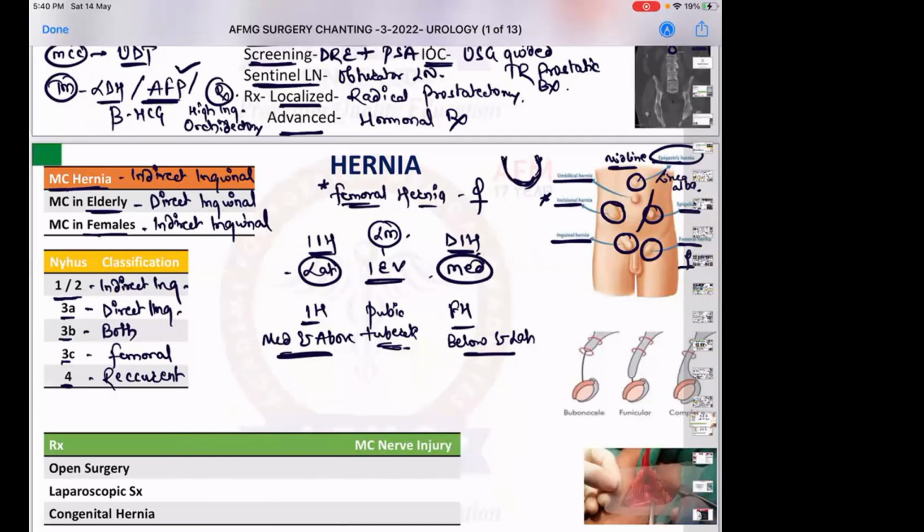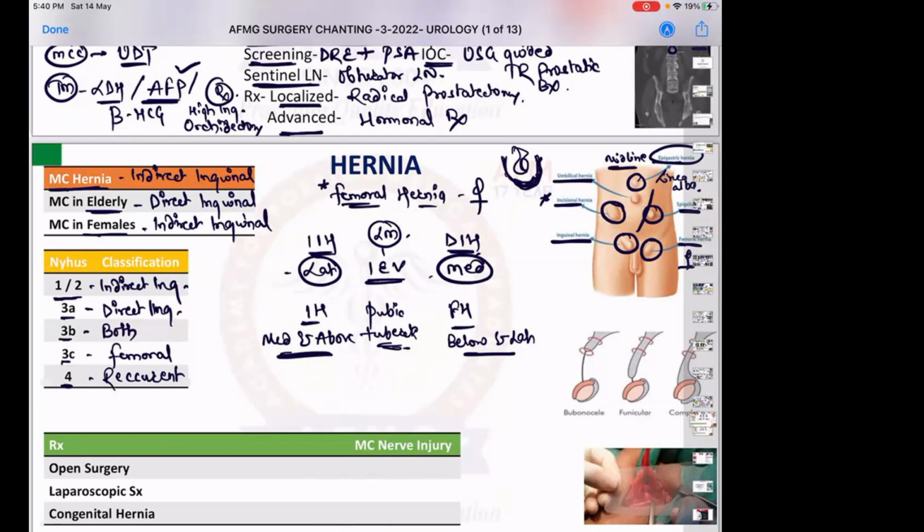Please remember, usually there will be a hernial sac and hernial contents. If there is a very narrow opening, these contents are at higher risk of decreased blood supply, that is ischemia, and therefore there can be gangrene as well. Among inguinal hernias, it is the indirect inguinal hernia which is more at risk.